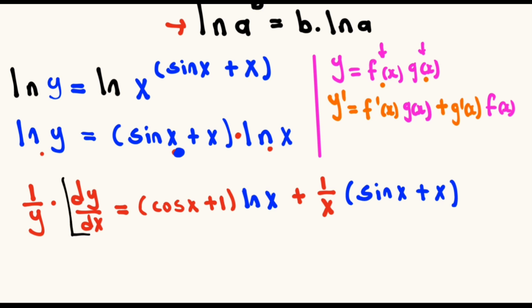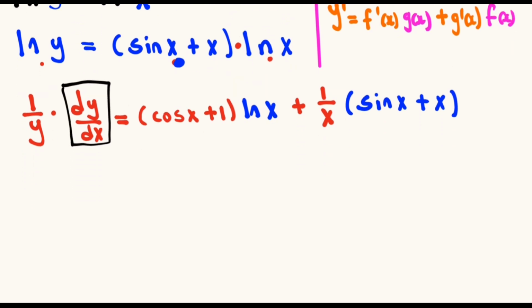Since we have to determine the dy divided by the dx, we have to multiply both sides of the equation by y, and even on the right hand side we multiply by y.